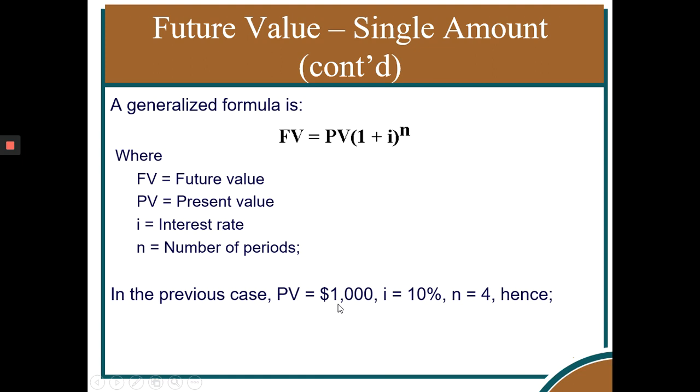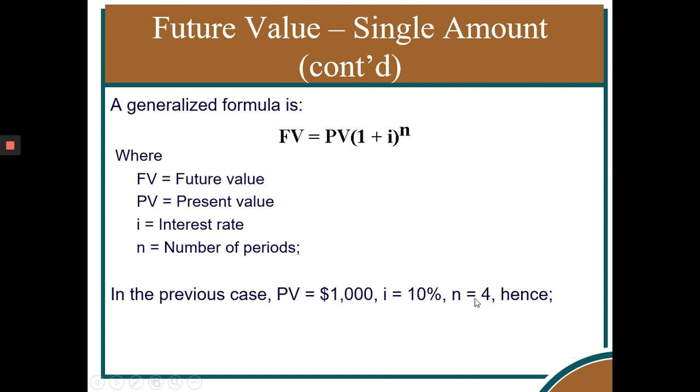So the exact example we just went through: 1,000 is the present value because you're depositing today, interest 10%, and it's 4 years. Class, later on we'll be finding how to change these to I and N, because currently the question gives you interest rate per annum, 10% per year. If they say semi-annual, it means twice a year, so we need to make some adjustments.